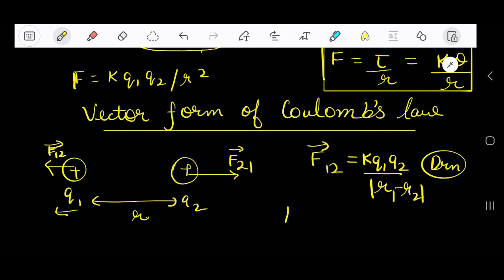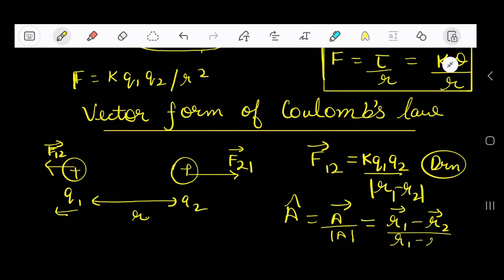As we know, direction of any vector quantity is given by vector upon its magnitude. So we'll be writing it as vector R1 minus R2 vector upon mod R1 minus R2. Here it is square.